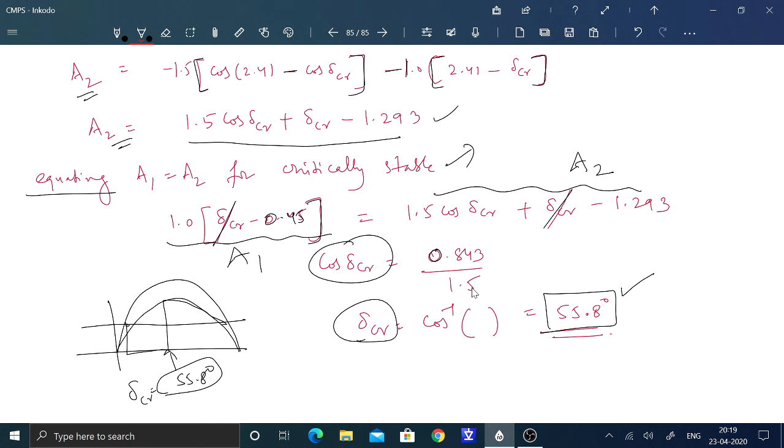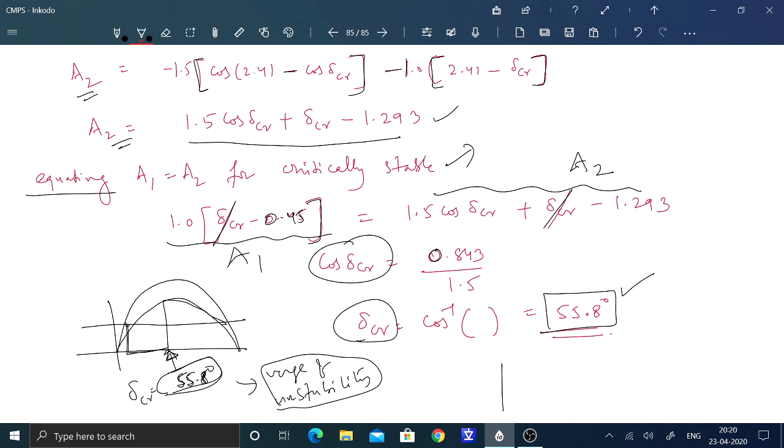So a fault at that bus can be delayed until the rotor angle advances only 55.8 degrees. If the fault clearance is delayed any further beyond this angle, then the system would go to an unstable condition. If the fault is removed exactly at this angle, then the system is on the verge of stability or instability.